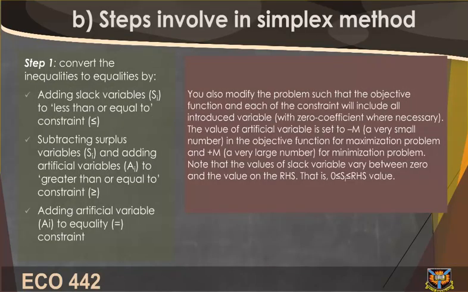B. Steps involved in the simplex method. Step 1. Convert the inequalities to equalities by adding slack variables Si to less than or equal to constraints, subtracting surplus variables Si and adding artificial variables Ai to greater than or equal to constraints, and adding artificial variables Ai to equality constraints.